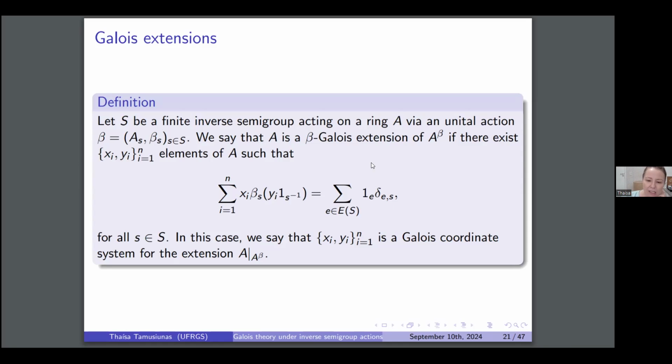And in this case, we say that these elements form a Galois coordinate system. Here we are saying that when s is an idempotent, on the right side we have one e, that is a non-zero idempotent. And when s is not an idempotent, then the sum is zero.